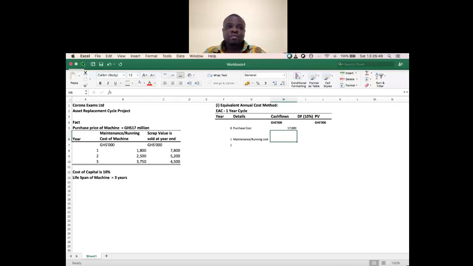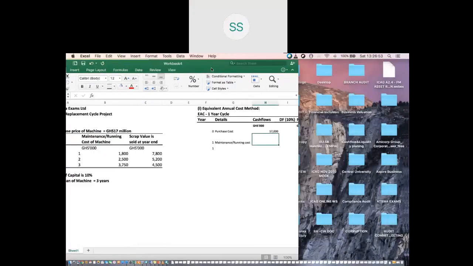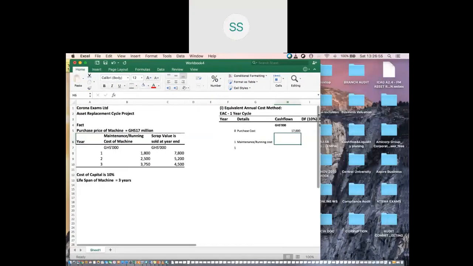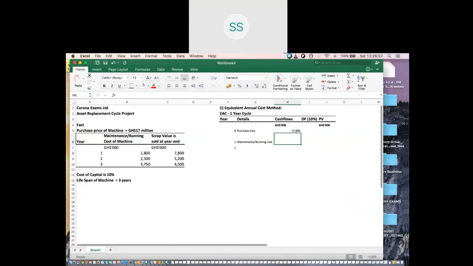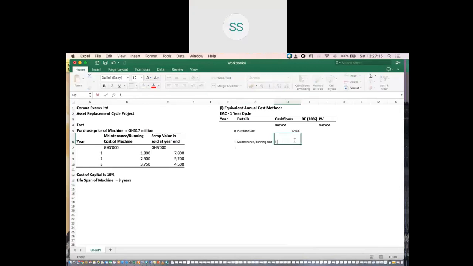What's the running cost for year one? The running cost for year one is 1.8 million. So 1.8.